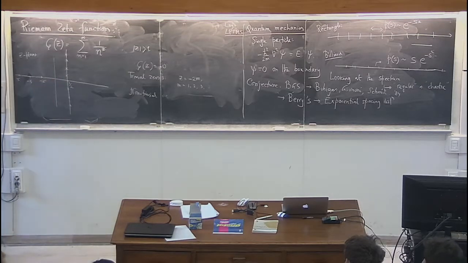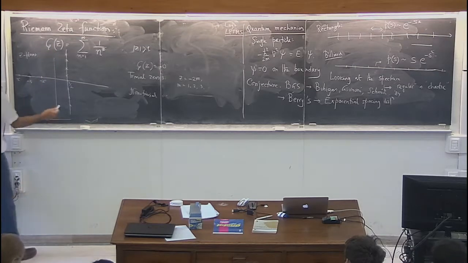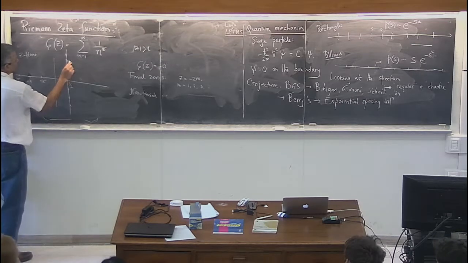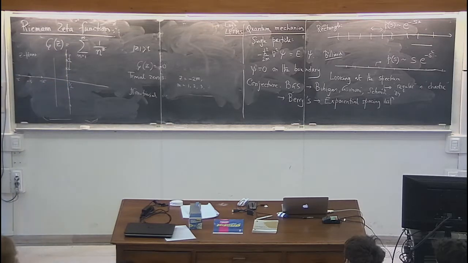One thing they tried was to imagine that the Riemann hypothesis is true. Then you have all these non-trivial zeros lying on this line, and you can ask what the spacing distribution between these zeros along the imaginary axis is.